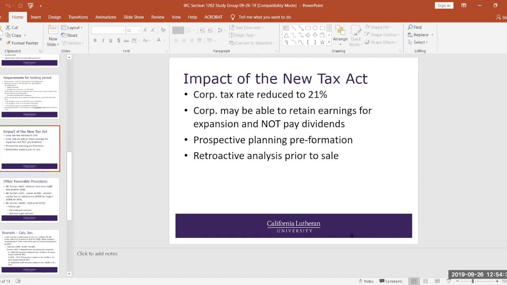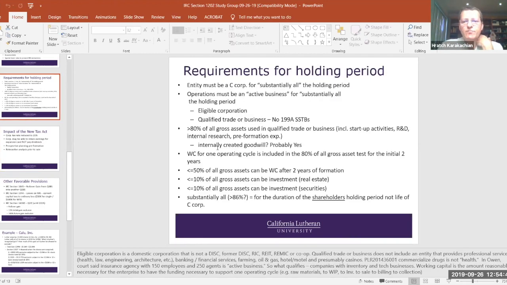So then you keep track and make sure that you stay below that threshold. Absolutely. Because that's going to be critical, since these rules have to be met for substantially all of the holding period. Otherwise, the stock fails the 1202 provisions, and the shareholder, the seller, cannot get the benefit.